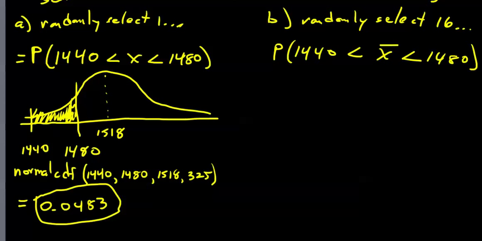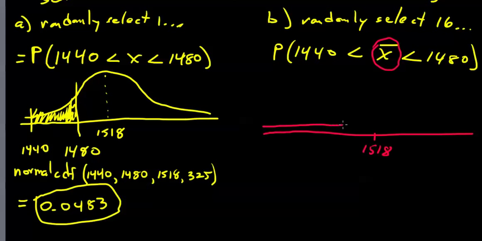Well, let me get another color here again to indicate we're talking about sample means here. Sample means still have a normal distribution. They still peak at the population mean of 1518. What happens as the standard deviation changes? You get a narrower bell. I hope I'm not exaggerating this too much. We're still interested in the same limits of interest.